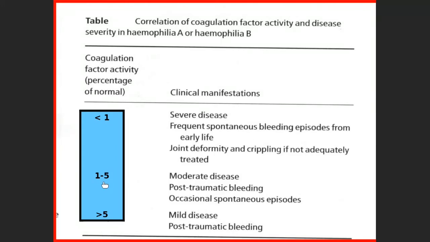If the hemophilia is moderate, you get bleeding with moderate trauma, and rarely spontaneous episodes of bleeding. In severe hemophilia, we can get spontaneous bleeding without injury. If hemophilia is mild, we need extensive or severe trauma to get abnormal bleeding.